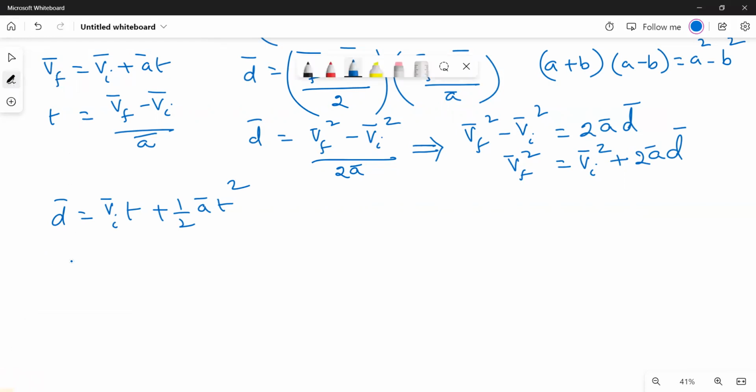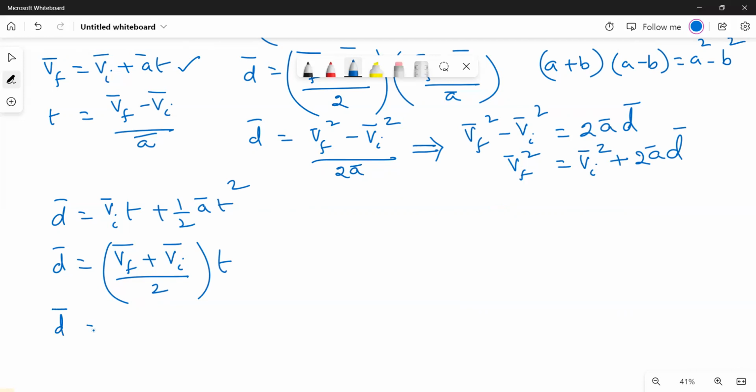This we will solve from the same displacement equation. Displacement is equal to Vf plus Vi over 2 times T. And we know that Vf is equal to Vi plus At. I substitute here.